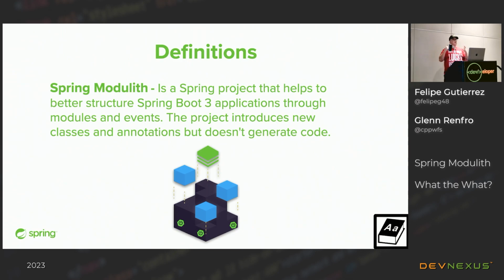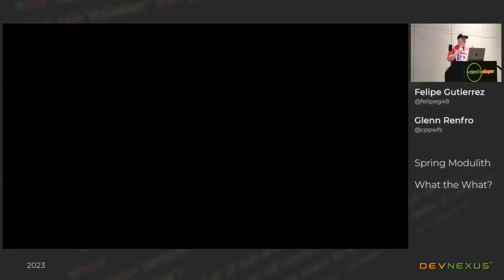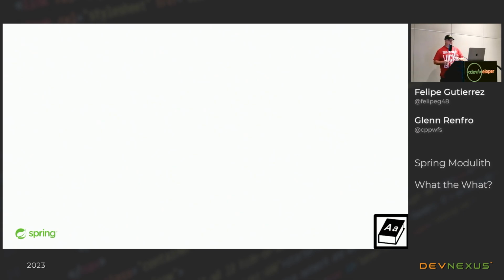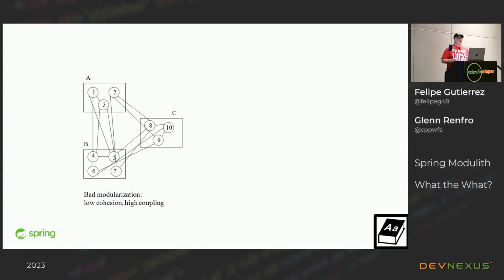Spring Modulith is going to offer us tests to validate that our code works with the module design. Spring Modulith also offers us the ability to generate documentation for us. And then we're also going to talk about how we can create events such that modules can communicate with each other.